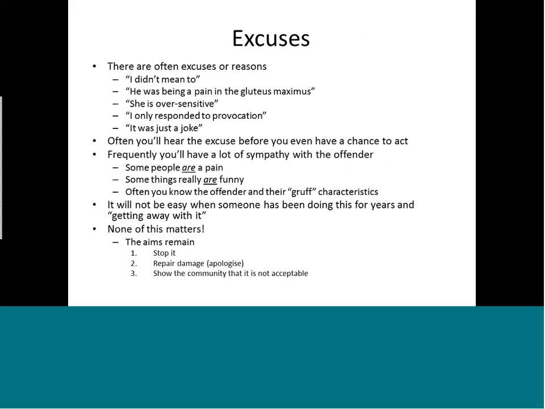Often you'll hear the excuse really early, even before you've had a chance to tell somebody that wasn't acceptable. They know they did something a bit naughty and they'll come in with the excuse. And frankly, often you have, as an individual, no sympathy at all with the person who's been the victim of the lack of civility. There are a lot of people around who are truly royal pains, and sometimes comments made are very funny.